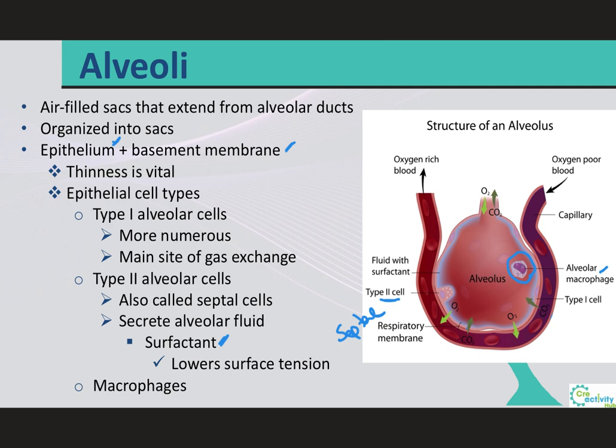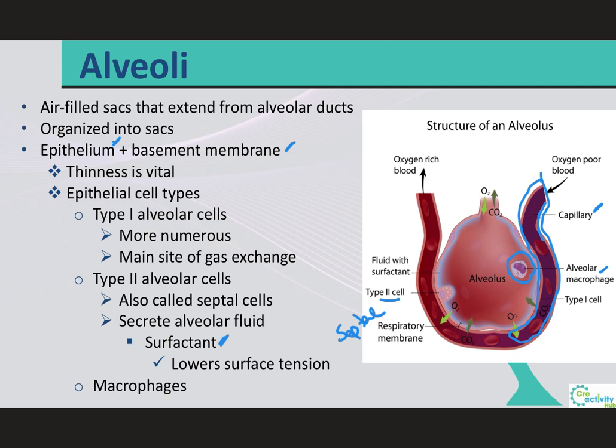Also, as we can see on the outer surface of the alveoli, there's going to be this extensive network of pulmonary capillaries, and each capillary will consist of a single layer of endothelial cells and a basement membrane. Now, this capillary supply is so dense that the alveoli are considered to be surrounded by nearly a continuous sheet of blood.